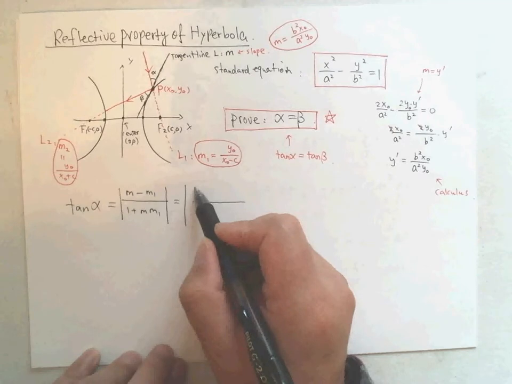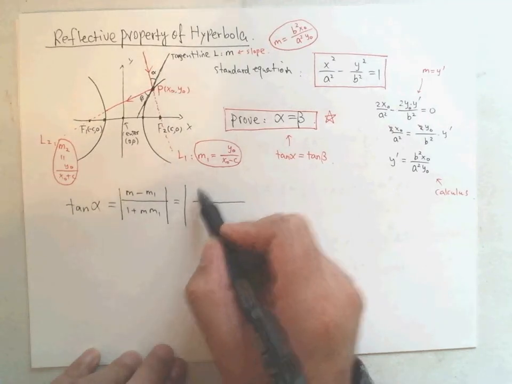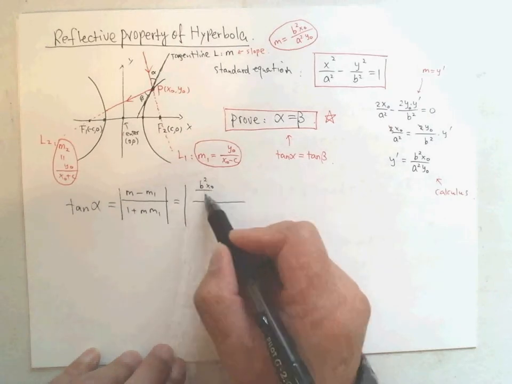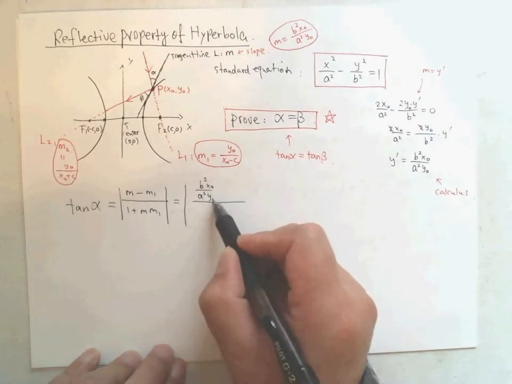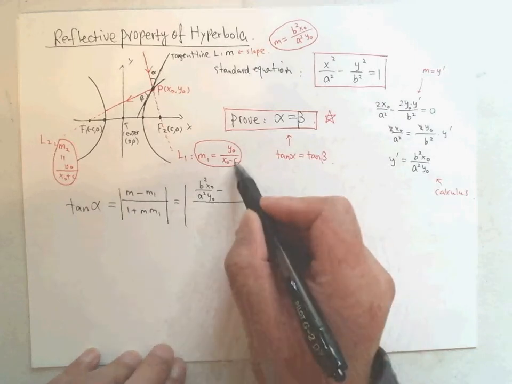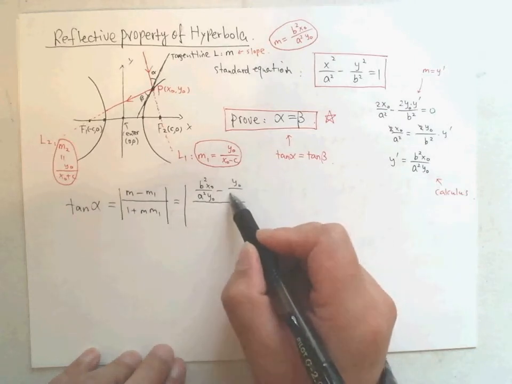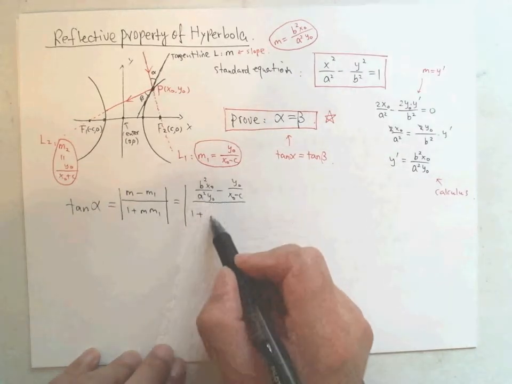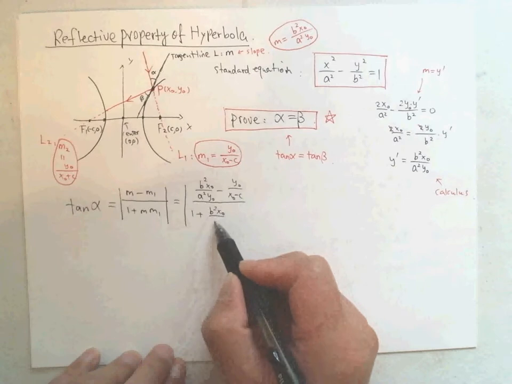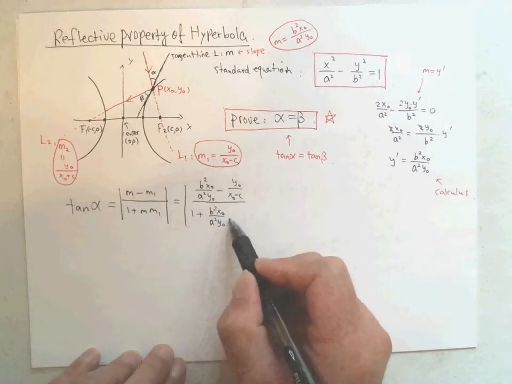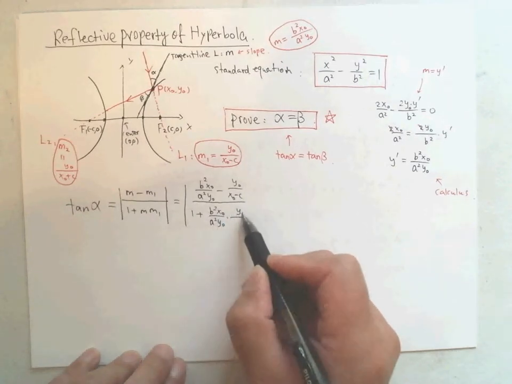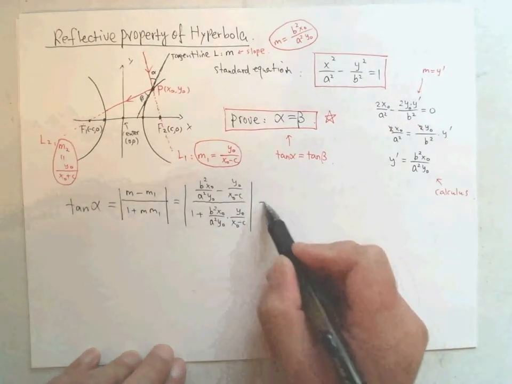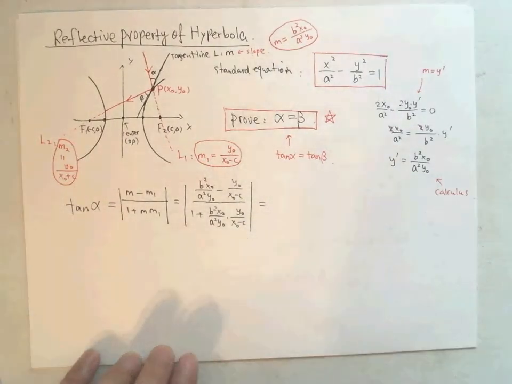Here m goes to b squared x0 over a squared y0, then minus m1, which is y0 over x0 minus c. What is the bottom? 1 plus b squared x0 over a squared y0 times y0 over x0 minus c. Then it equals, now we're going to do the calculation.